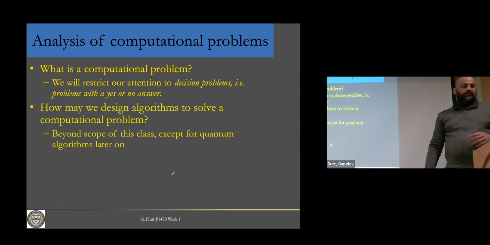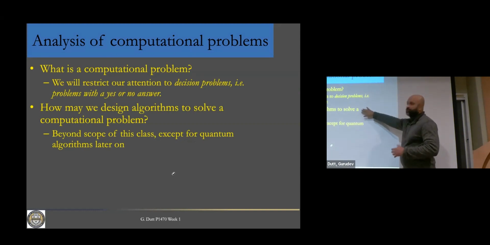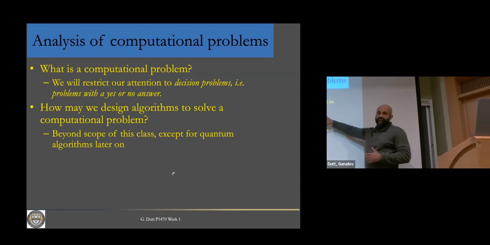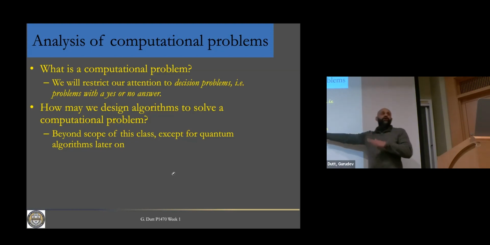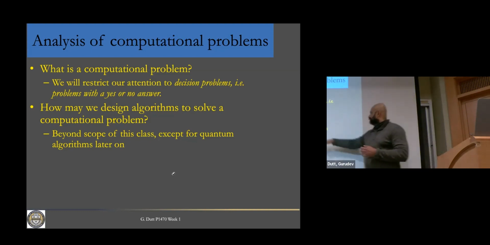The second big question with computational problems is how we can design algorithms to solve a given computational problem. That's beyond the scope of this class, because for that you need to take an algorithms class in the computer science department. But I will talk about quantum algorithms later on.